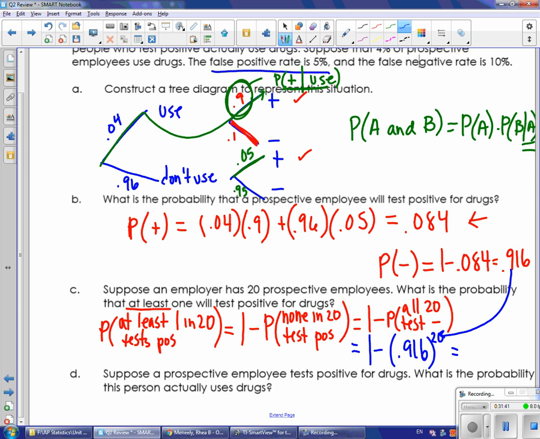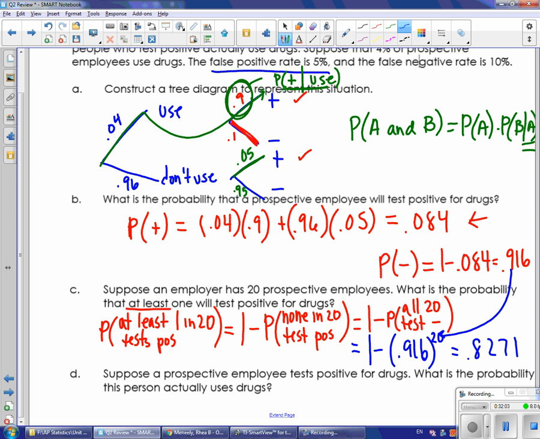And when you do that, you should get 0.8271. So there's almost an 83% chance that this employer is going to have a potential employee test positive for drugs.